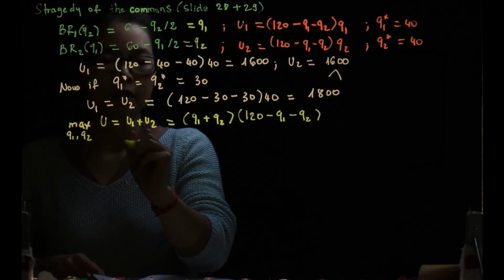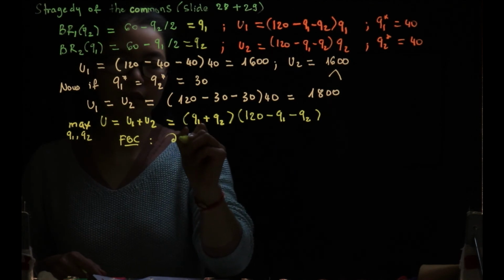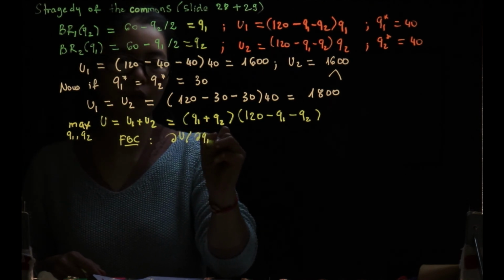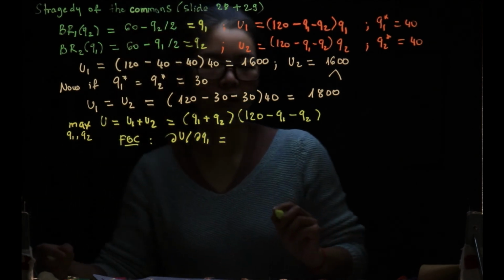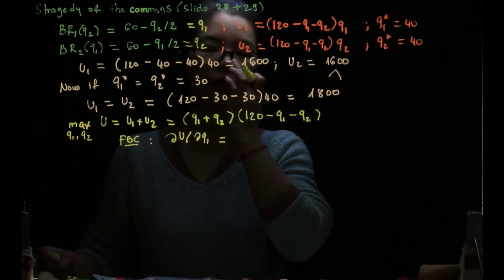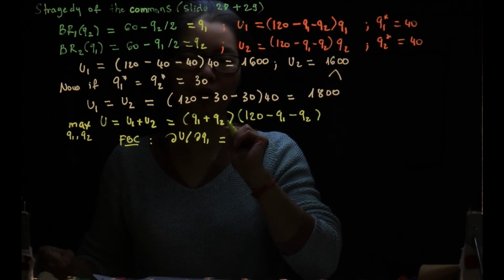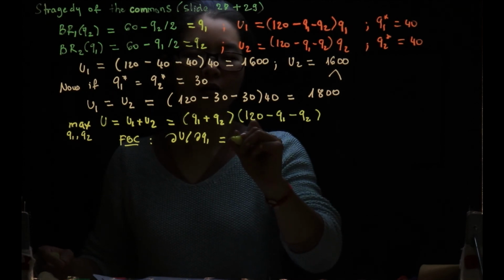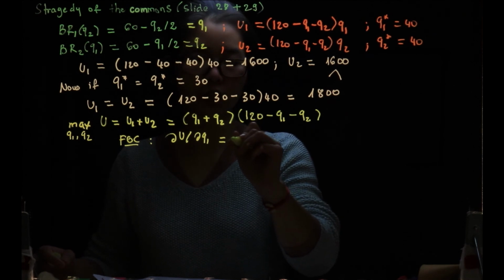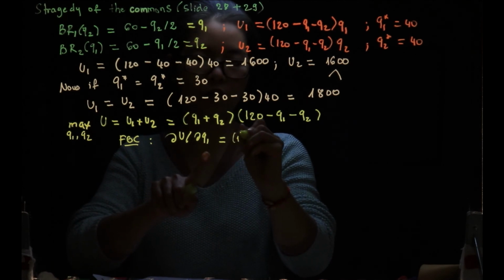Okay? Then we set up the first order condition. The first one is the derivative of U with respect to Q1. Now, instead of distributing everything, I will just use the product rule. Do you still remember the product rule? The derivative of a product is given by the derivative of the first term, Q1 plus Q2, with respect to Q1, so that's 1, right?